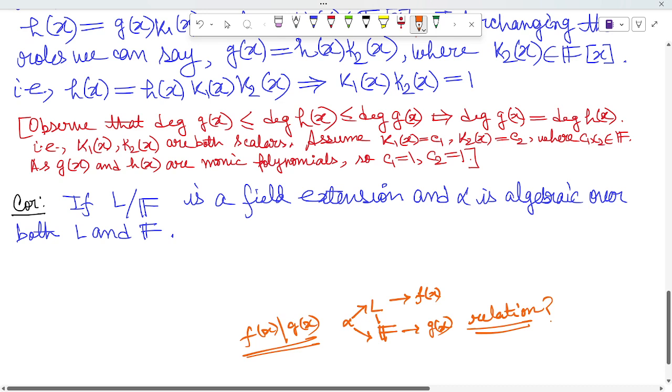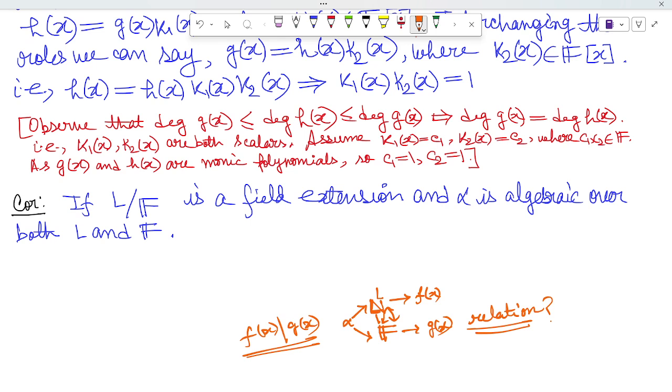That means the minimal polynomial of the lower field might divide the minimal polynomial of the upper field of alpha. But the theorem says that no, it is wrong. The minimal polynomial of alpha over the bigger field L will divide the minimal polynomial of alpha over the smaller field F.